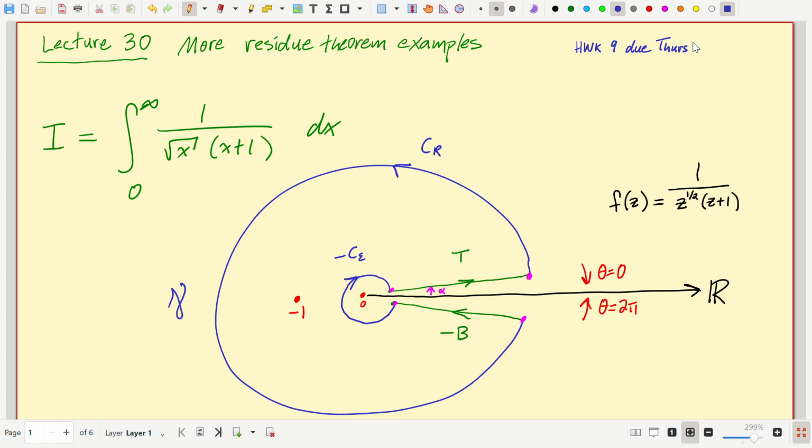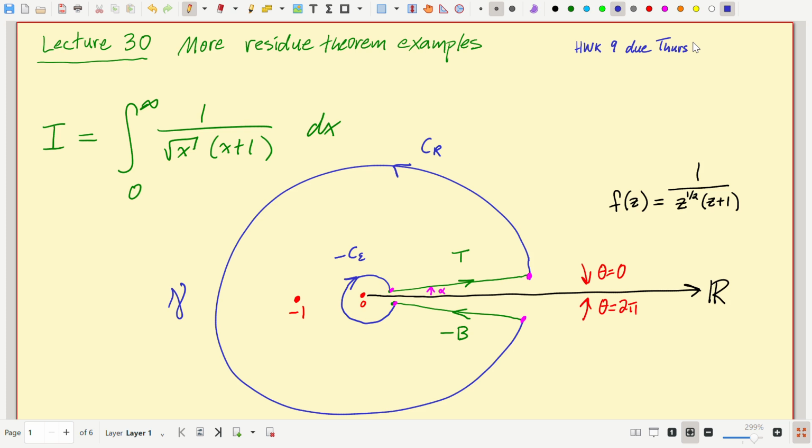I'm going to let the alpha go to 0. And that integral along the top part is going to be exactly the integral we want, because the theta in the branch of the log and square root function goes to 0, and in the limit when alpha is 0, that theta would be 0, and that would give me the real integral I want.